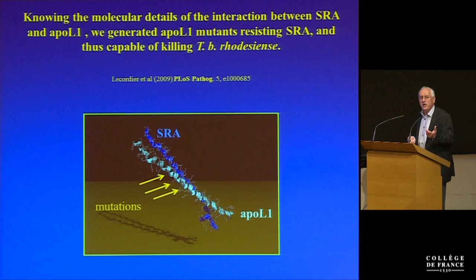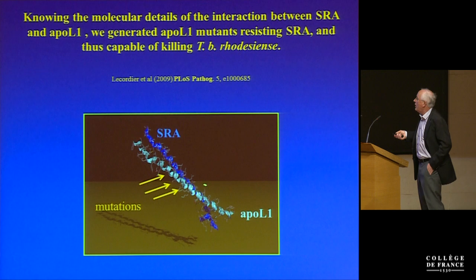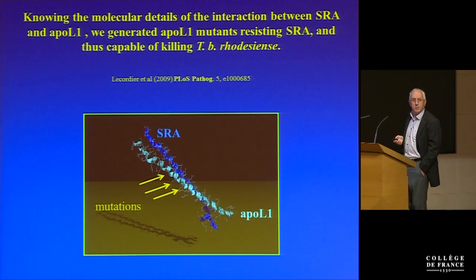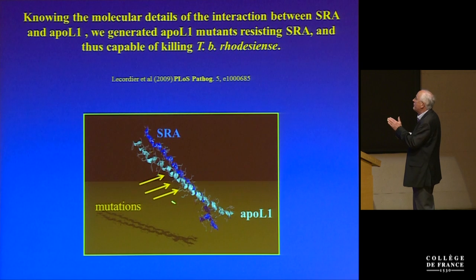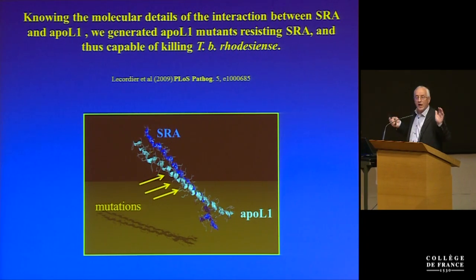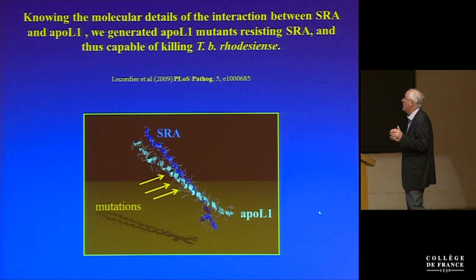So it was relatively easy for us to develop, by site-directed mutagenesis, an altered helix in ApoL1 that wouldn't be any longer able to be neutralized by SRA, okay? And if the mutation would preserve the toxic activity of ApoL1, then we would make drugs active again against this human pathogen, TB rhodesiense. And it worked.